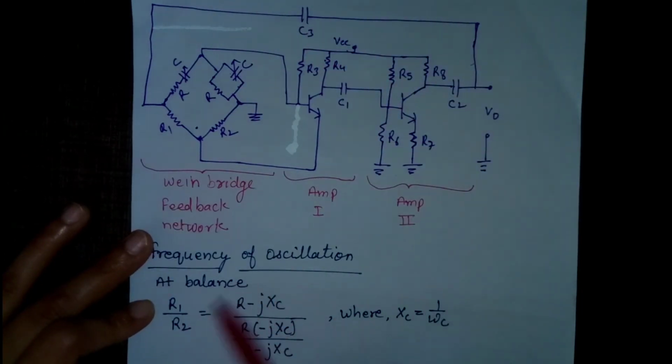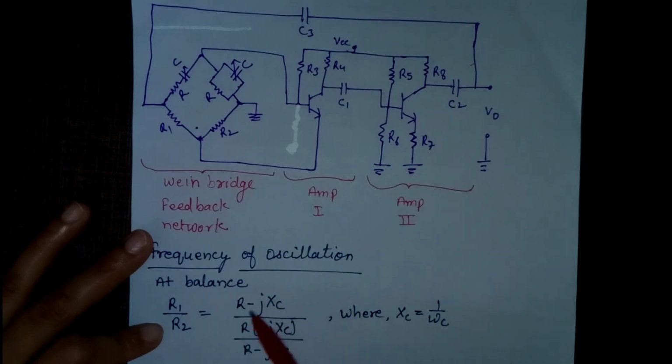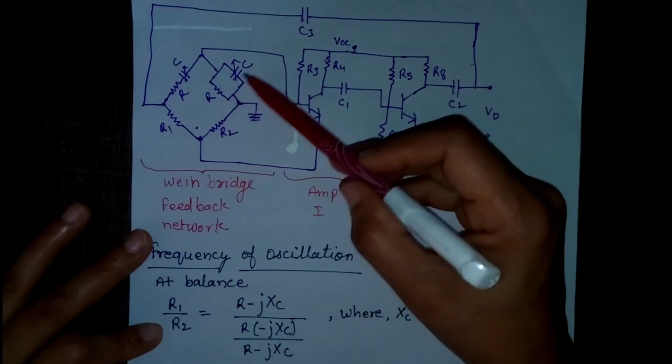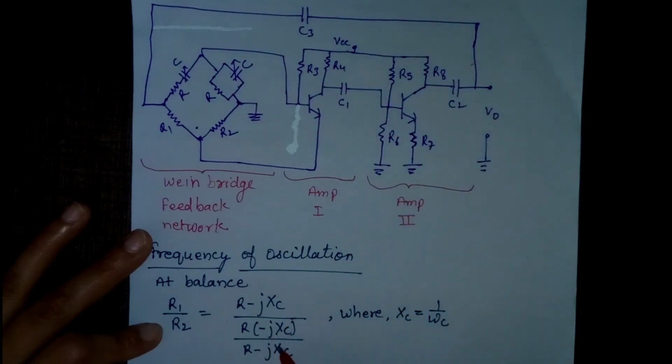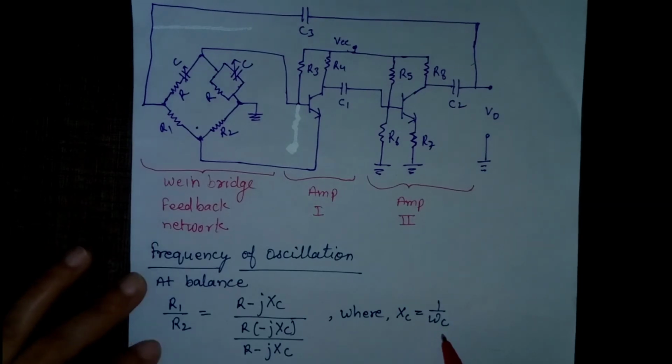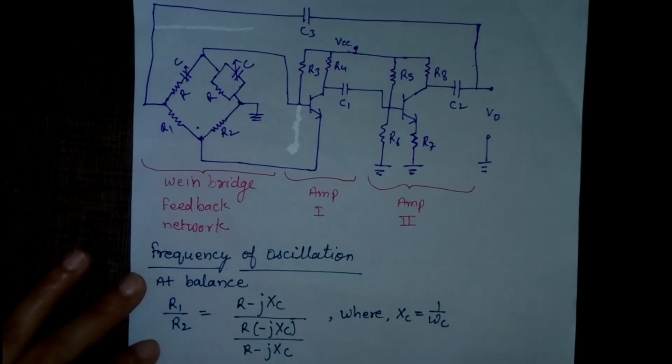Here at balance condition, R1/R2 equals R minus jXC upon the parallel combination of R and C. This is the parallel combination of R and C. Here XC is the reactance of the capacitor, which equals 1/omega C. Now we will solve these two equations.